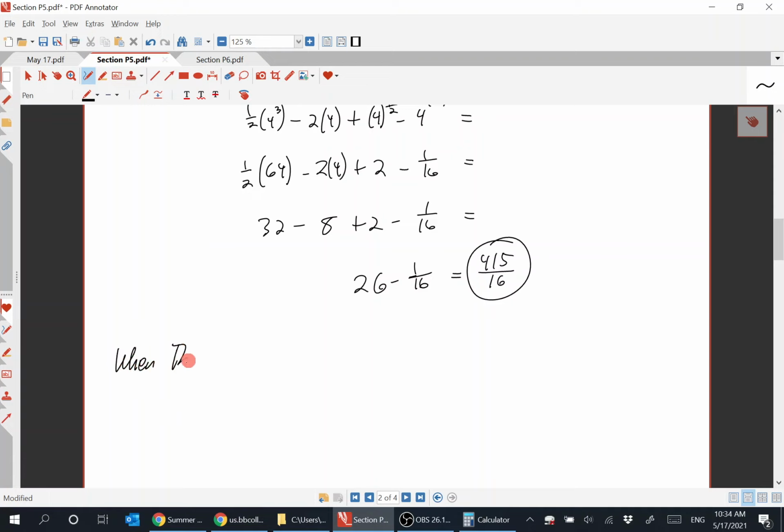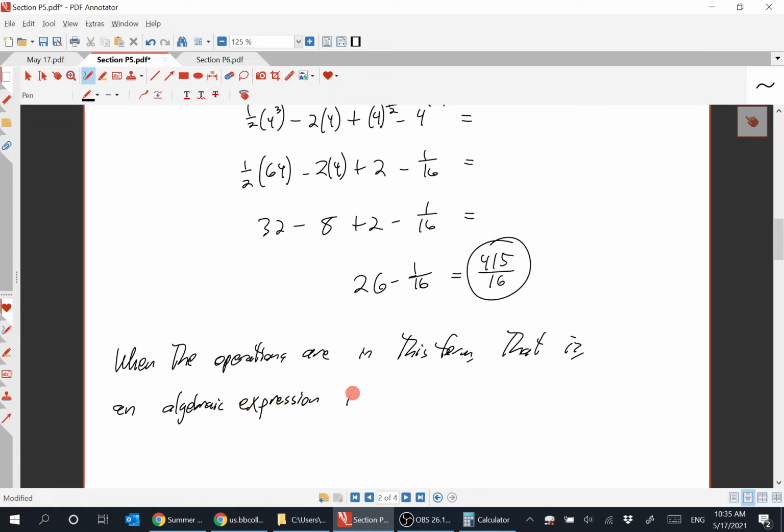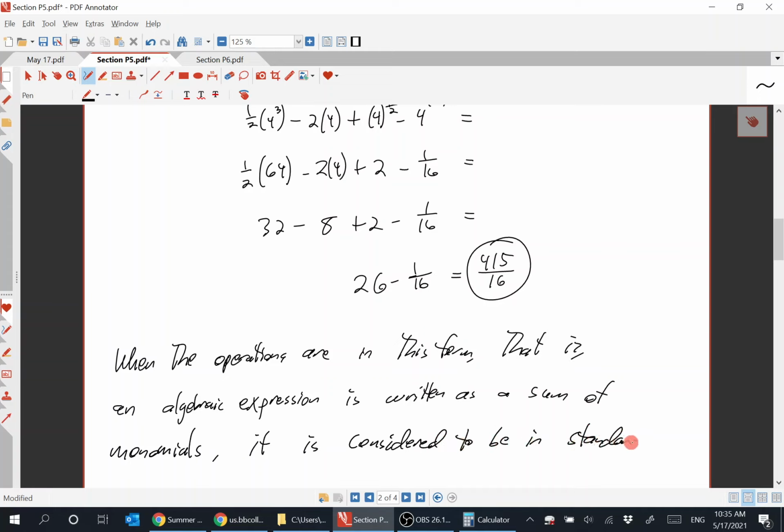So when an algebraic expression is written as a sum of monomials, it is considered to be in standard form.